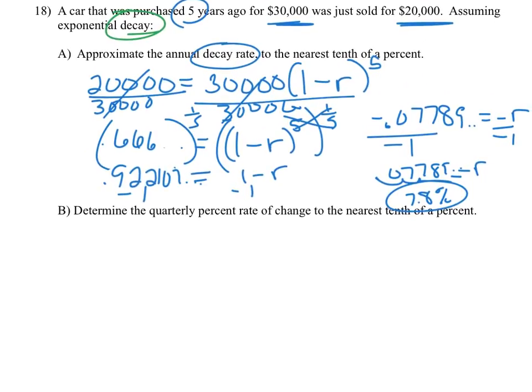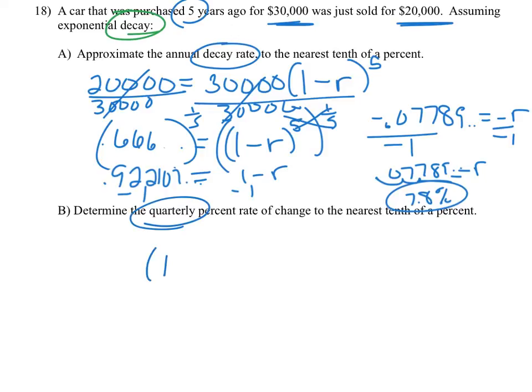So from this, we have our formula that we can use, the annual percentage formula. And what we want to do now is figure out the quarterly. How much am I going to lose every 3 months from that rate of decay? So we plug this in our calculator. So part B, slightly off.